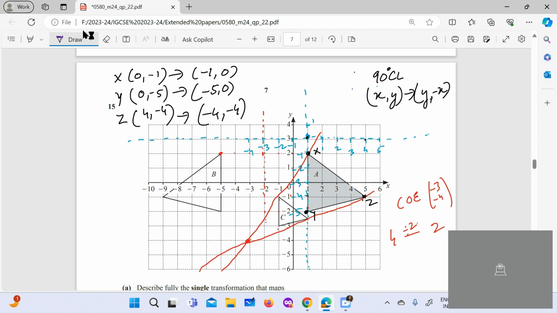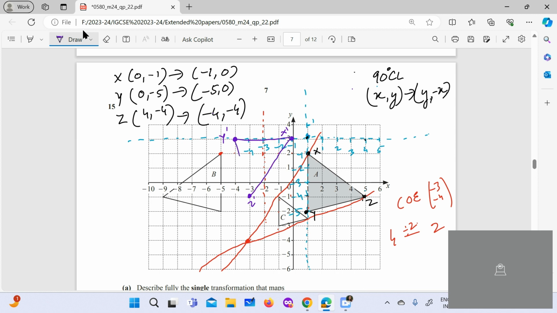So this is the point, and then let me mark this as x dash, and then it is minus 5 and 0, minus 5 on the x-axis and 0 on the y. Then y dash, and then minus 4 and minus 4. So minus 4 here and minus 4 here as well. Now let's join them. Let me mark this as z dash.